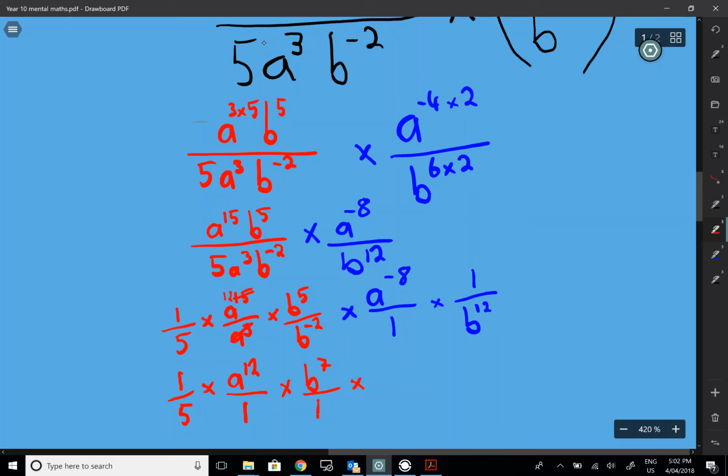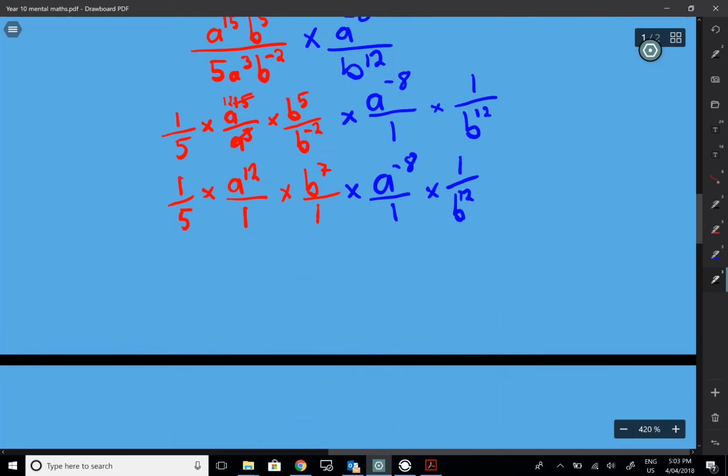A to the negative 8 stays the same. Oops, let me just change that colour. Times by a to the negative 8 on 1 times 1 on b to the 12 rather. Now, this is where we start to simplify even further. So first of all, I've only got a 1 and another 1. There are only 2 numbers, so I'm actually going to put a number there.